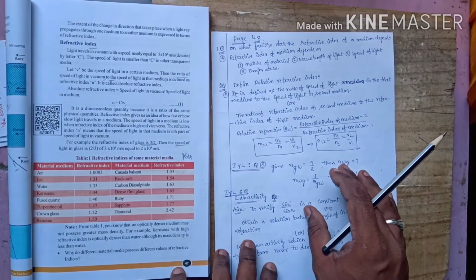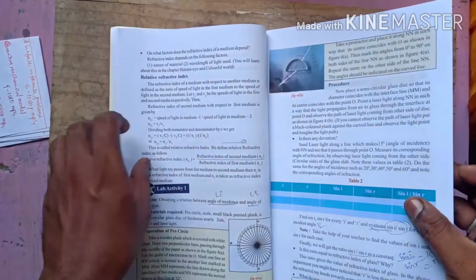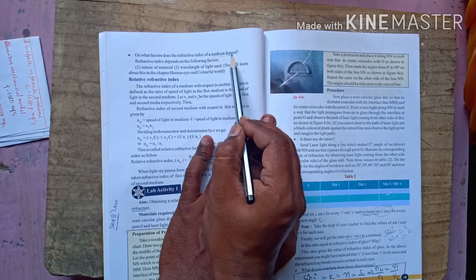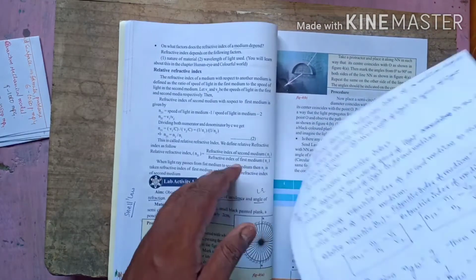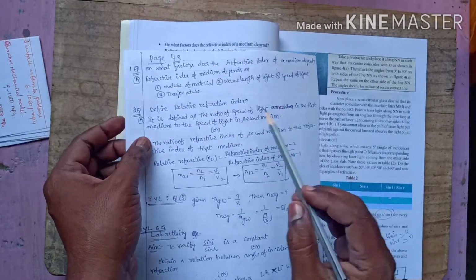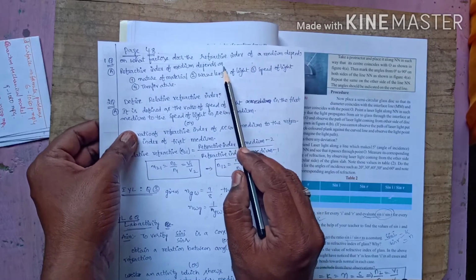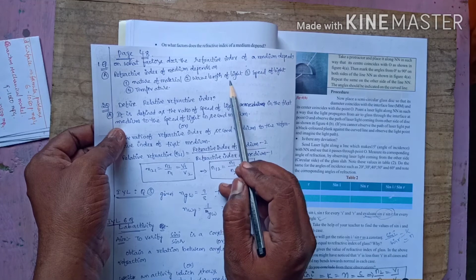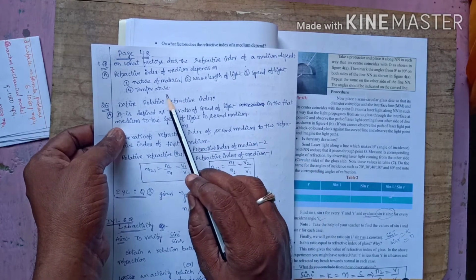In page number 48, the first question is: on what factors does the refractive index of a medium depend? Till now we discussed the refractive index of materials. Refractive index of a medium depends on the nature of the material, wavelength of the light, speed of the light, and temperature.